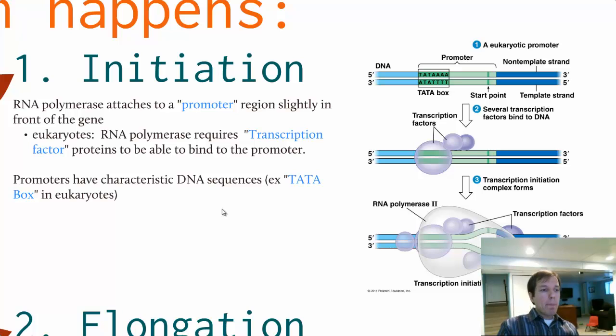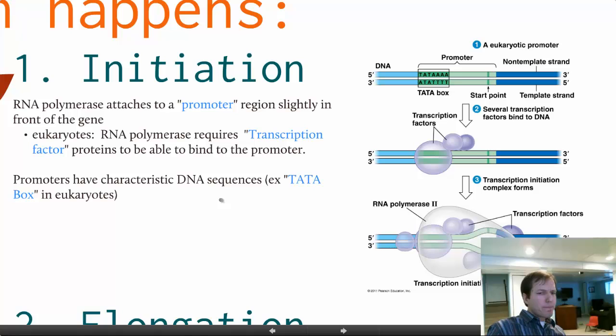And so these transcription factors are present to ensure that only the necessary proteins are going to be made, and only at the right times. So here you can see this big blob is the RNA polymerase. RNA polymerase is attached to the DNA with those transcription factors at the place where the RNA needs to start.